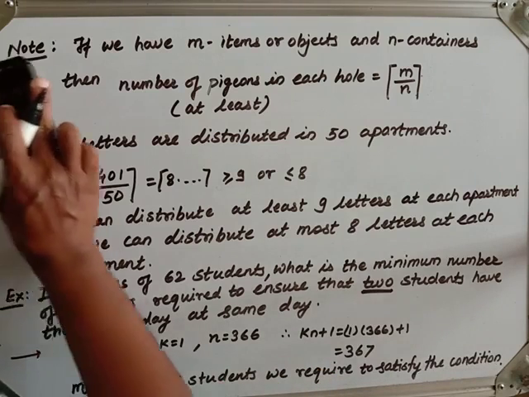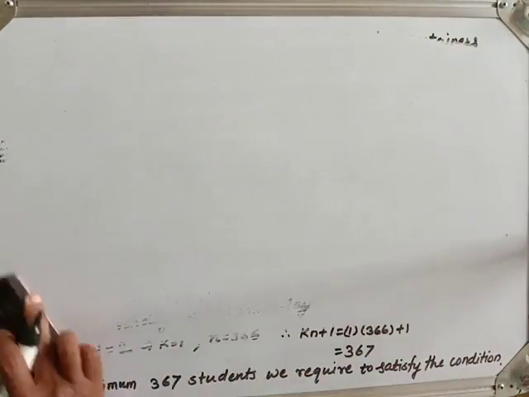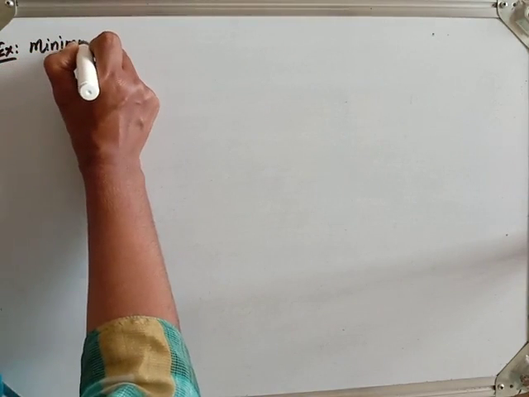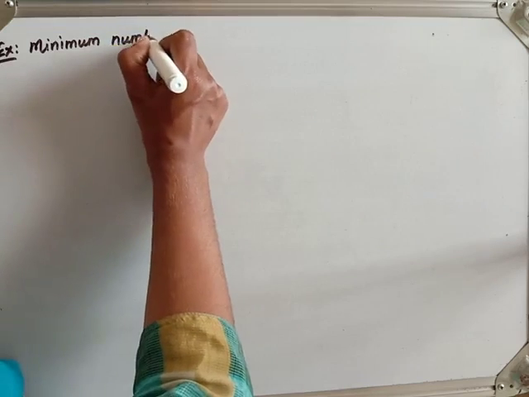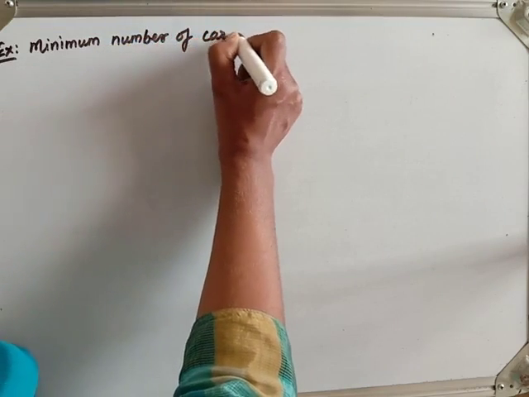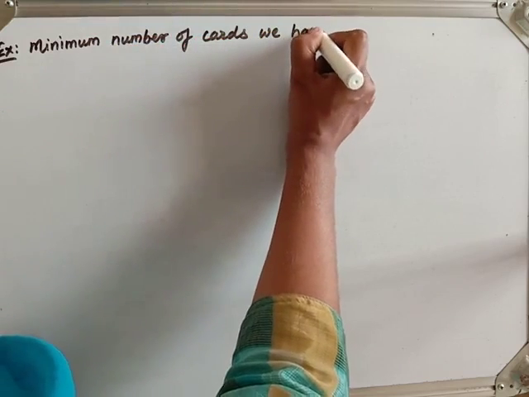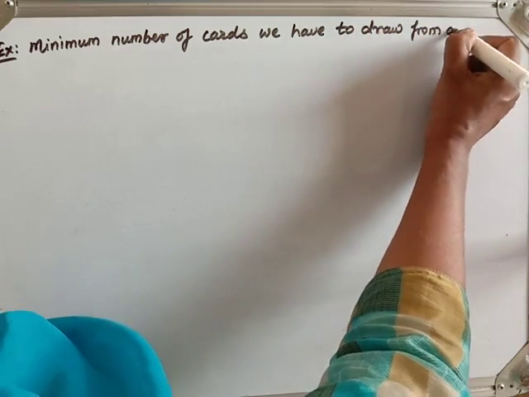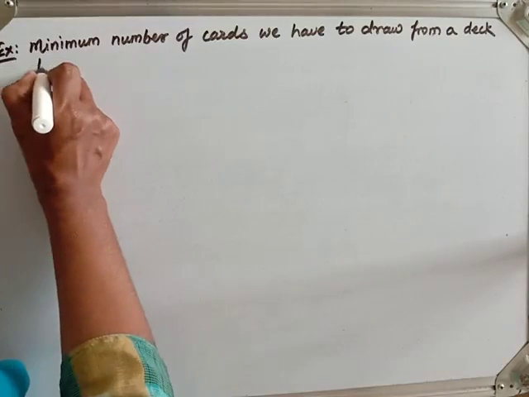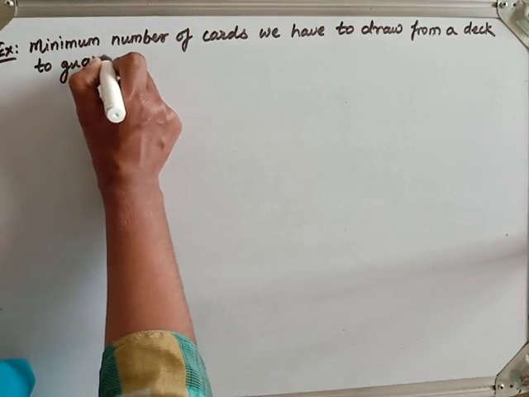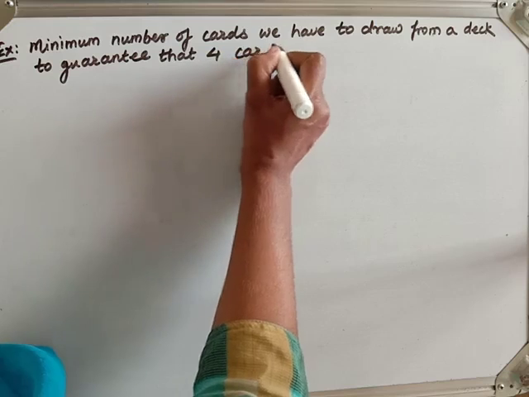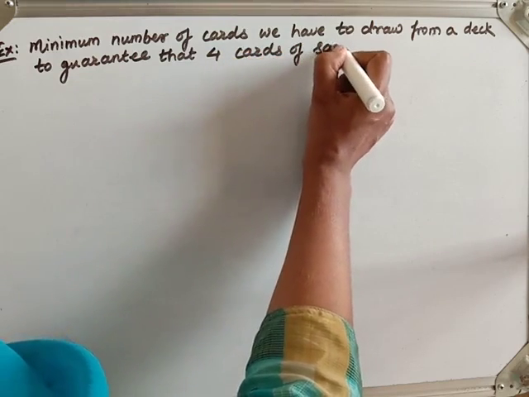Now the next example: minimum number of cards we have to draw from a deck to guarantee that 4 cards are of the same suit.